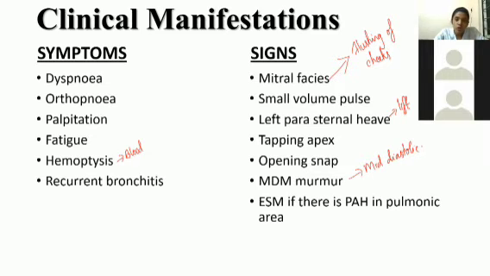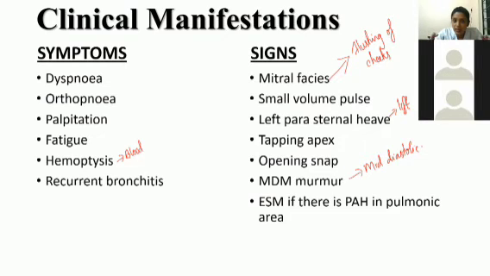You all know where the auscultation will be done. In cardiovascular assessment, the auscultation will be done in the aortic area, in the second intercostal space, then the same second intercostal space on the left side, the pulmonic area, then the mitral area, then the tricuspid area.